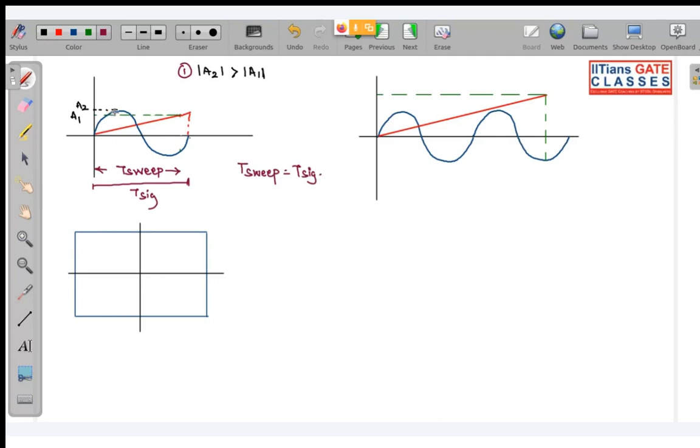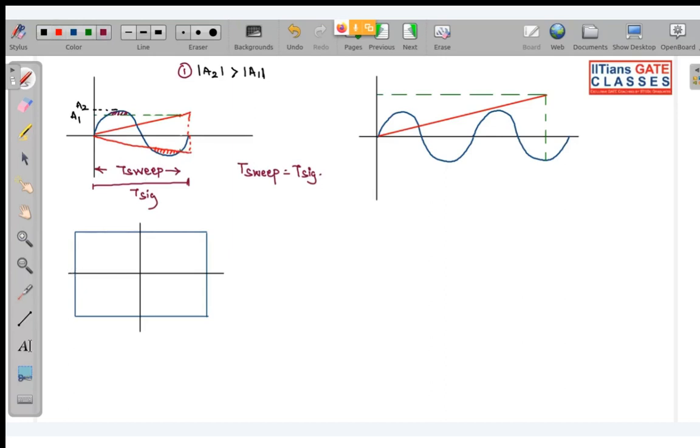You can see this much part will be removed, and even in the negative part, if you take the image of this signal, this much part is not going to be there. The part that you cannot see will not be displayed on the screen.